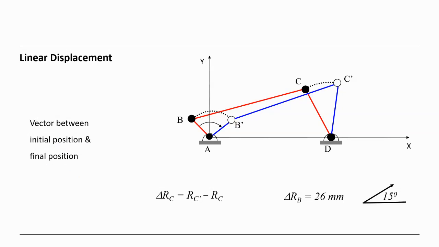So this is the initial position and the final position, and the vector in between. So let's say this is this one, or this vector here. Linear displacement vector between initial positions and final positions. And we can say delta R, for example, here. We can show it in that way.